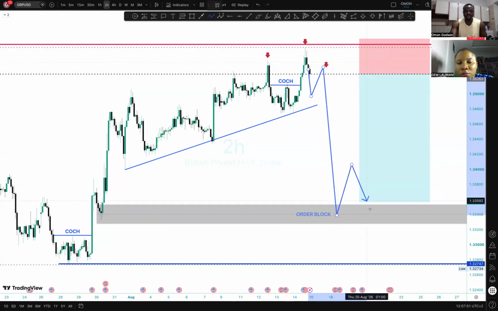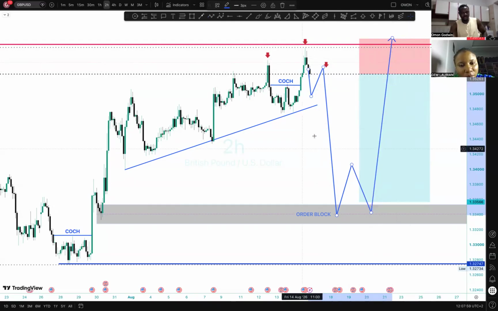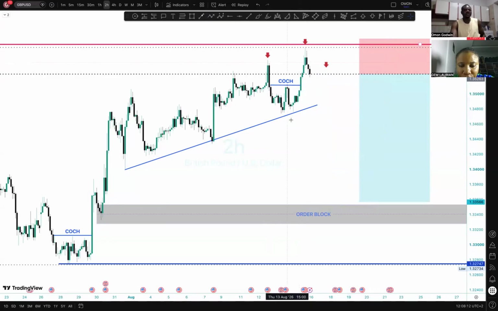The market might do something like this, a double bottom, then buy up to this point. This is what the market does most of the time. Simple as that. That means this order block is active. The market has not come to this zone before, so the first time it comes is going to affect the market. That is how you identify an order block.